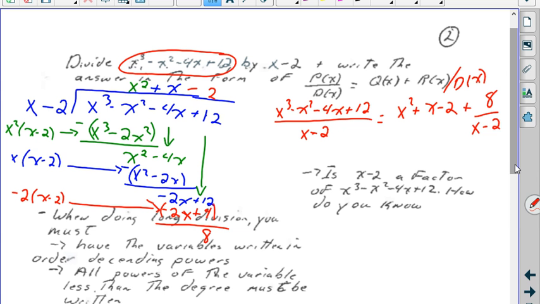A factor is something that divides in evenly to another number. Does this guy divide in evenly? No, because you have a remainder of 8. So x minus 2 is not a factor of our polynomial x cubed minus x squared minus 4x plus 12, because there's a remainder. If the remainder is 0, then it is a factor.